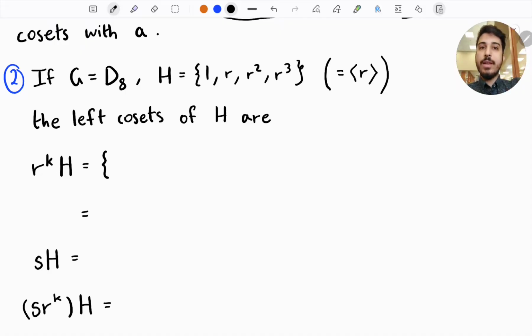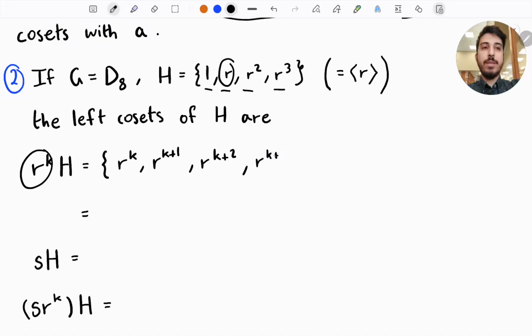So r to the k times H will be the composition of r to the k with each individual element in H. So we get the resulting set r to the k times r, giving us r to the k plus 1. Similarly, r to the k plus 2 and r to the k plus 3.